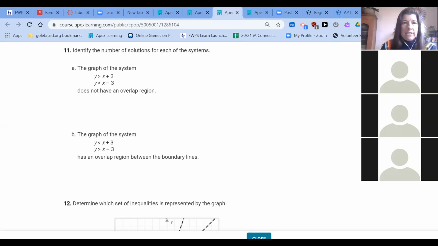The graph of the system does not have an overlap region. So it would be something like this.